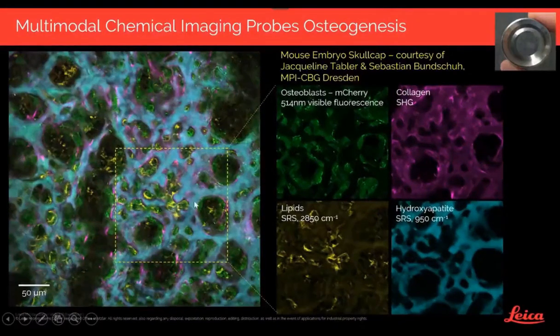And you can see in the composite image, all of those different components have a very distinct localization behavior, and we can now begin to understand the interplay between those different types of cells and biochemical structures in the formation of the bone tissue. So this is ongoing research as well.